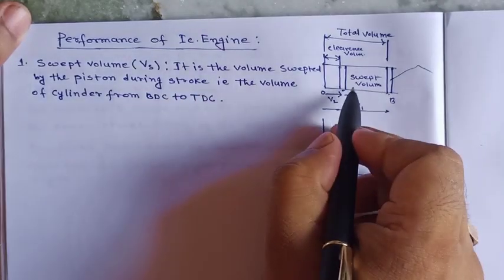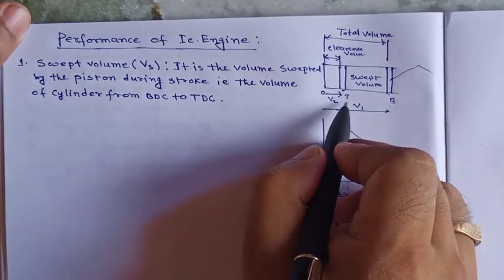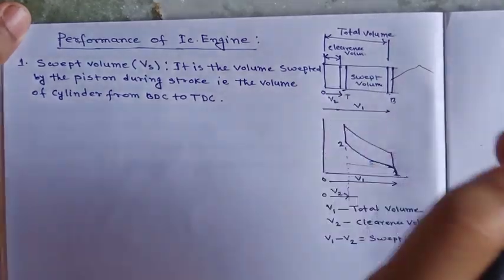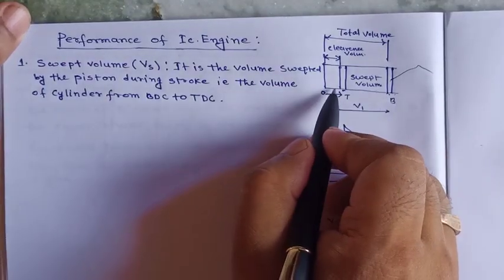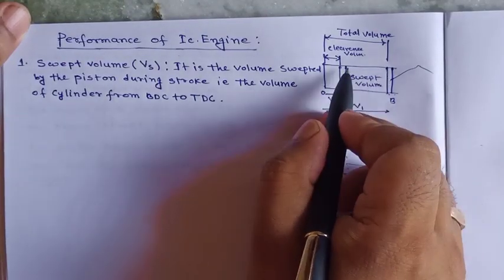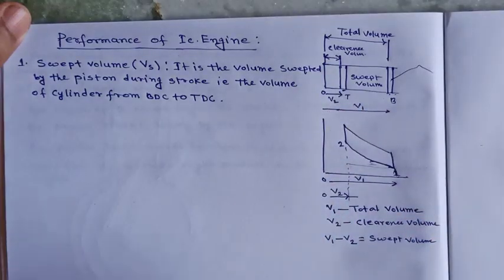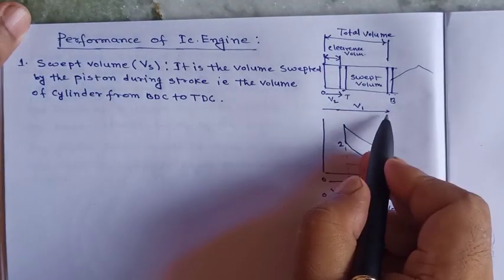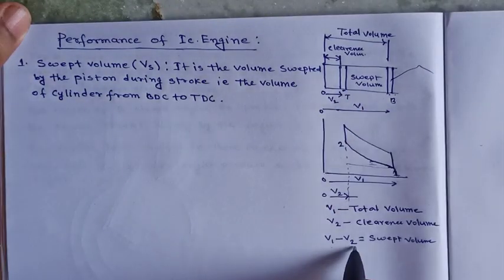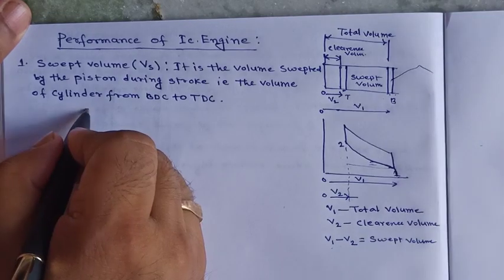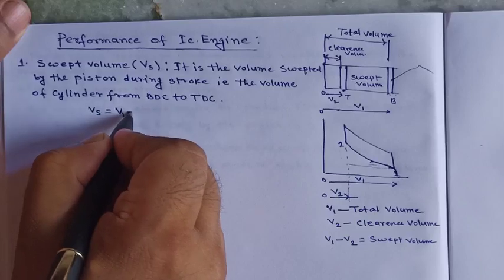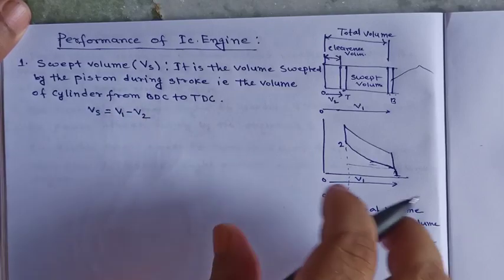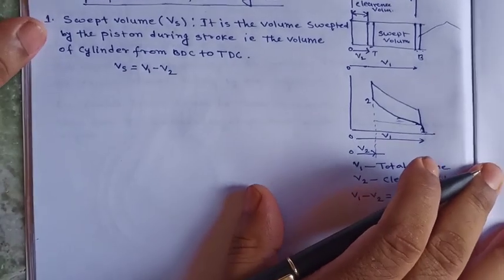So this volume which is swept from BDC to TDC is called the swept volume. If we subtract the clearance volume from the total volume, then we can get the swept volume. That is V1, the total volume, minus V2 is the swept volume. Vs equals V1 minus V2.